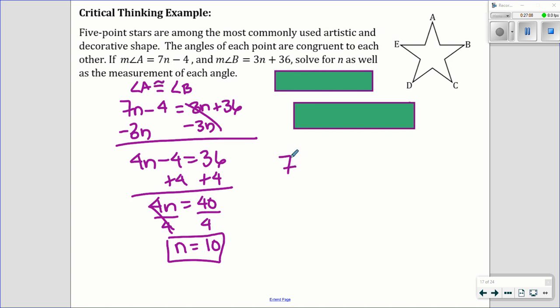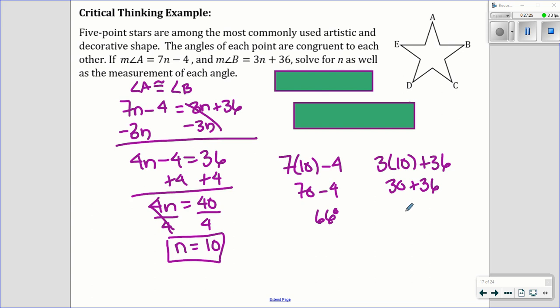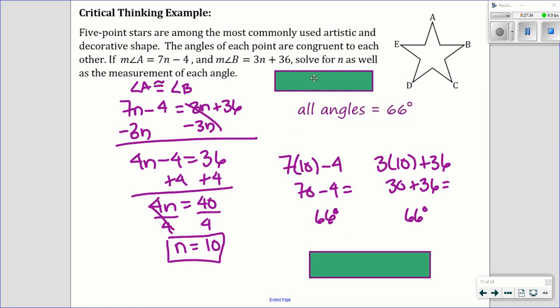Doesn't matter which one you choose because they should be the same. But you know what? I'm going to do both. So that would be 70 minus 4. That gives you 66 degrees. That gives you 66 degrees. So there you go. All angles are 66 and n equals 10.